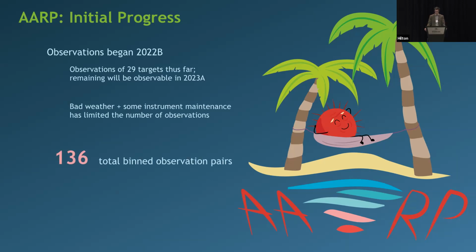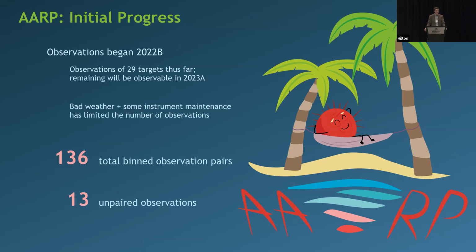Those are intranight pairs, and only 13 observations that ended up without an observation pair within the night. This is usually due to either weather within a night or, in a few cases, some telescope guiding errors that caused us to miss the window.